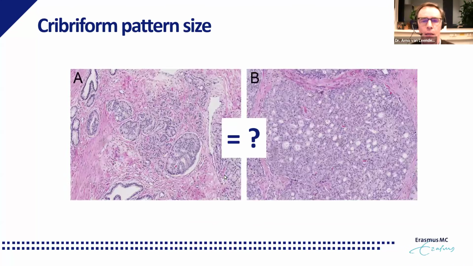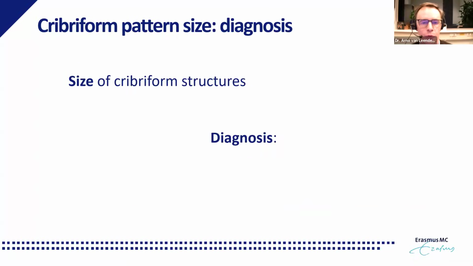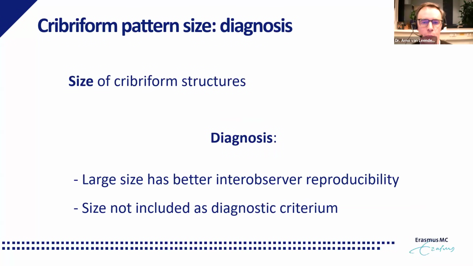On the other hand, you can also look at cribriform size. When you look in a microscope, sometimes cribriform areas are small like this, and other times they are large like the one on the right side. And would that make a difference? Well, some studies have really looked at that. First of all, we know from a diagnostic point of view, large cribriform pattern has a very good inter-observer reproducibility.